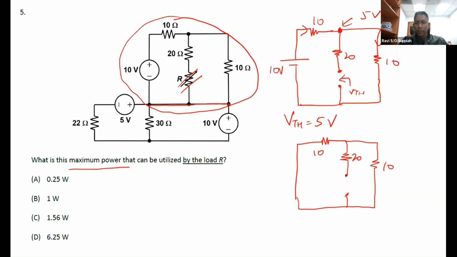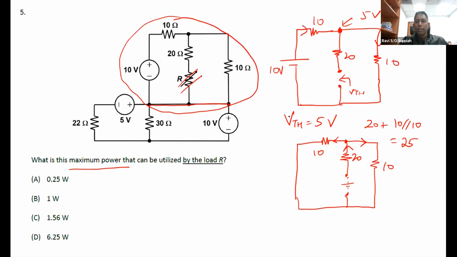If I imagine that I put a supply over here, the current will go through here, and at this point it will split into this branch and this branch. Since it's going through the 20 ohm first, that is considered series. Then I split into 10 and 10, so it is 10 parallel 10. So the total resistance will be 25.